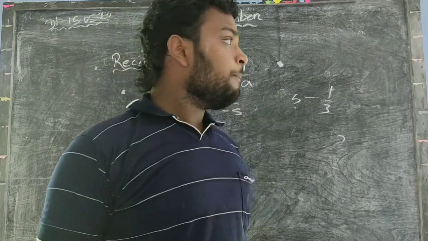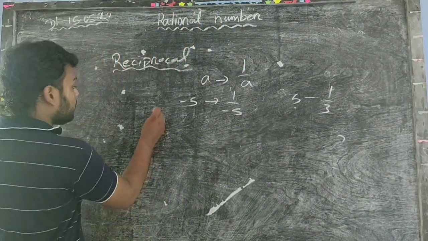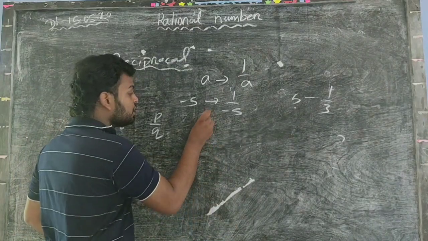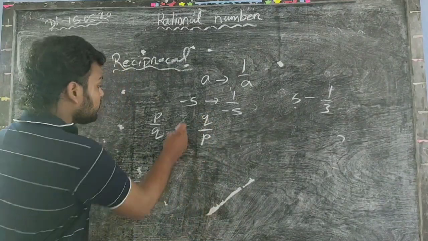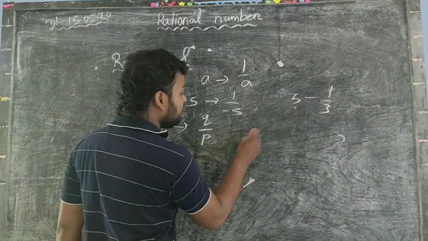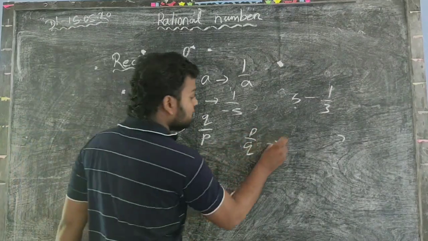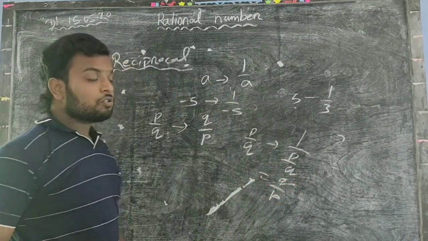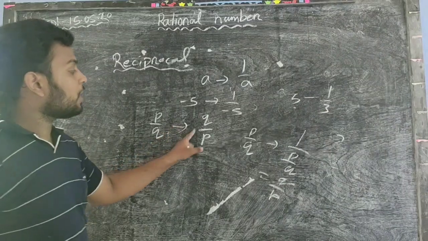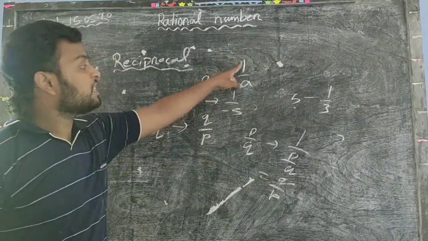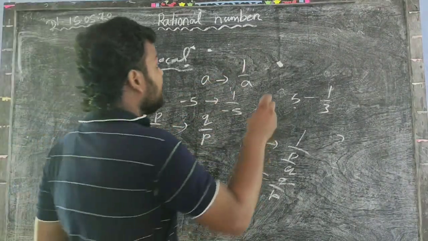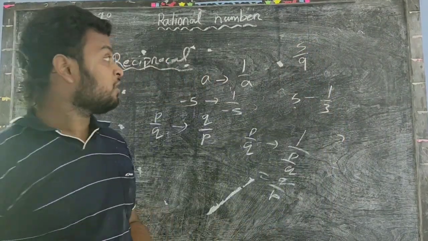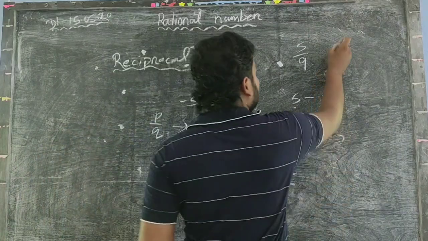In the case of a rational number, if a number is p by q, its reciprocal is just the opposite, q by p. How is this possible? If the number is p by q, its reciprocal is 1 by p by q, that means q by p. For example, if 5 by 9 is a rational number, its reciprocal is 9 by 5.